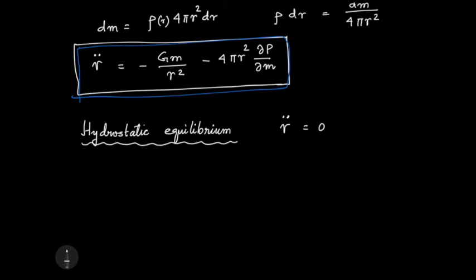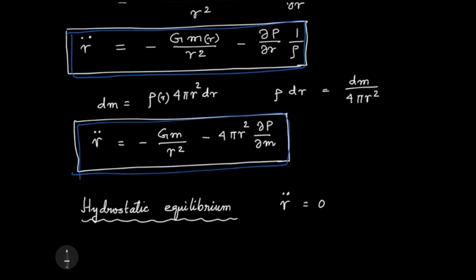What is r? r is the radius of that mass element, or the radius at which you are talking about that mass element, because once we have written these equations, considering all the vector forces and all, here I am writing it in terms of mass only.